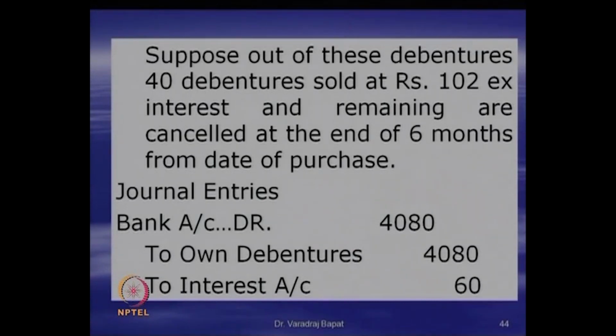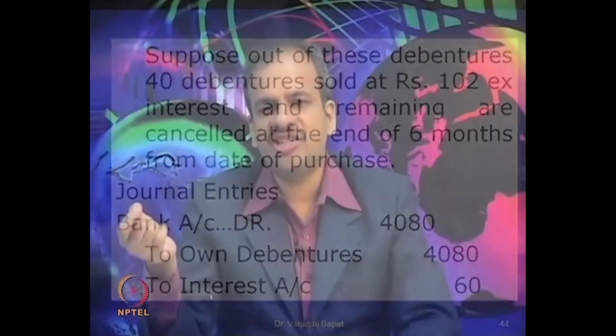That is why when we are selling the debentures at 102, 40 debentures, you can multiply 102 into 40. So, we got 4080. So, bank account debit is 4080. How much will be the interest? We know that the interest is at 9% per debenture.